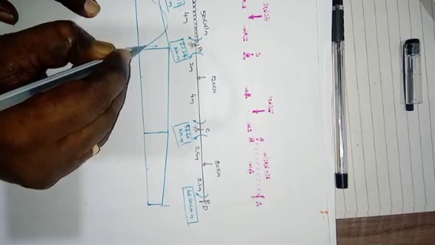Here it is subjected to UDL, so the moment is 50 into 4 square divided by 8, which is 100 kilonewton meter.